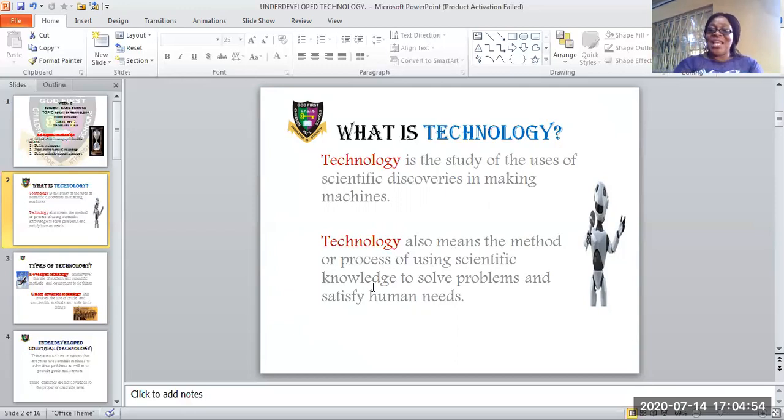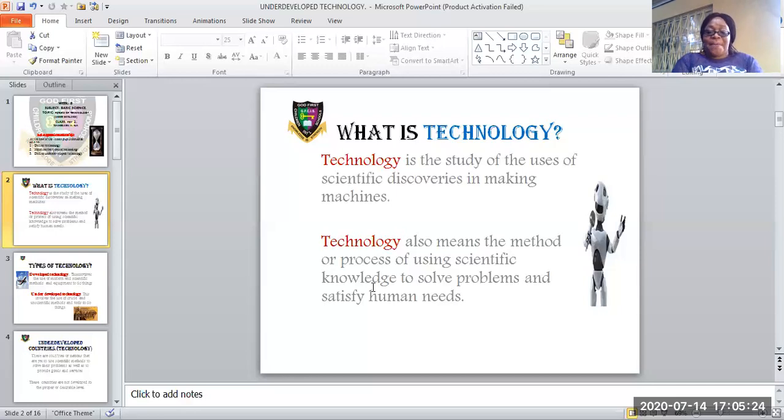What do humans need? How are these needs attended to scientifically? That is what we are talking about.